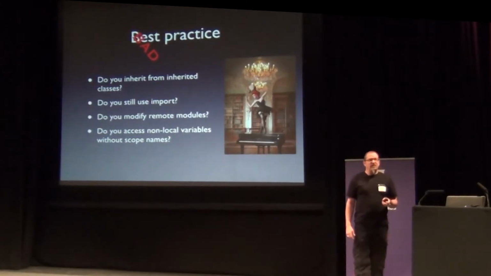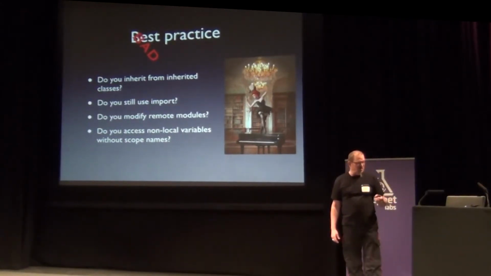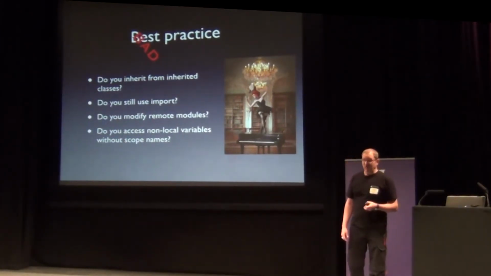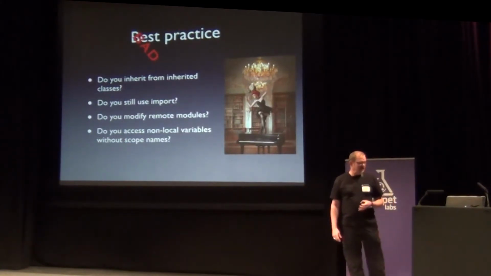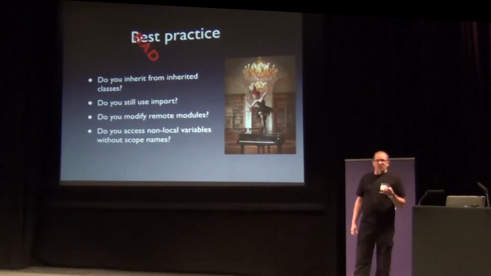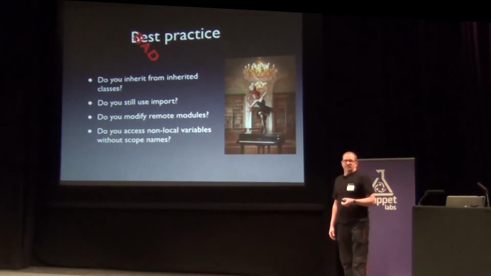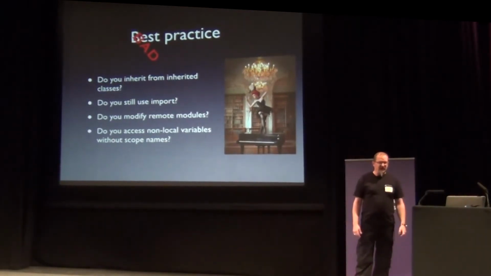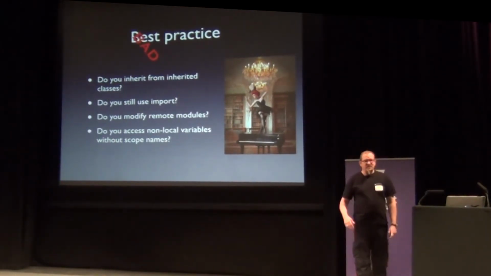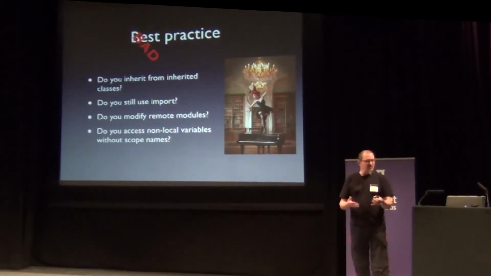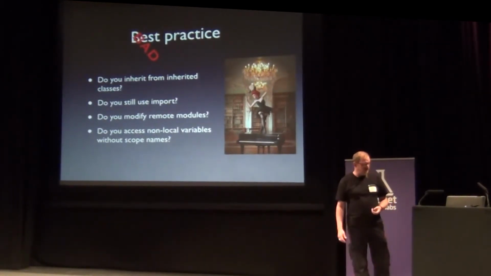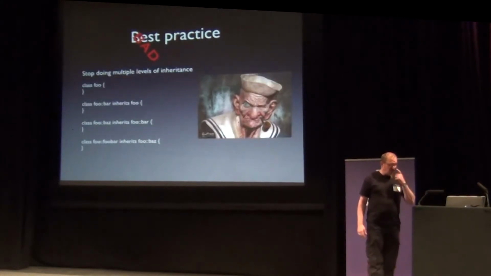And what is really, really bad, especially nowadays, I have a short demo showing you what is working and what is not working. This is the not working stuff. Do you access non-local variables without scope? Puppet tries to find the proper variable for you somewhere within your manifests. Not good.